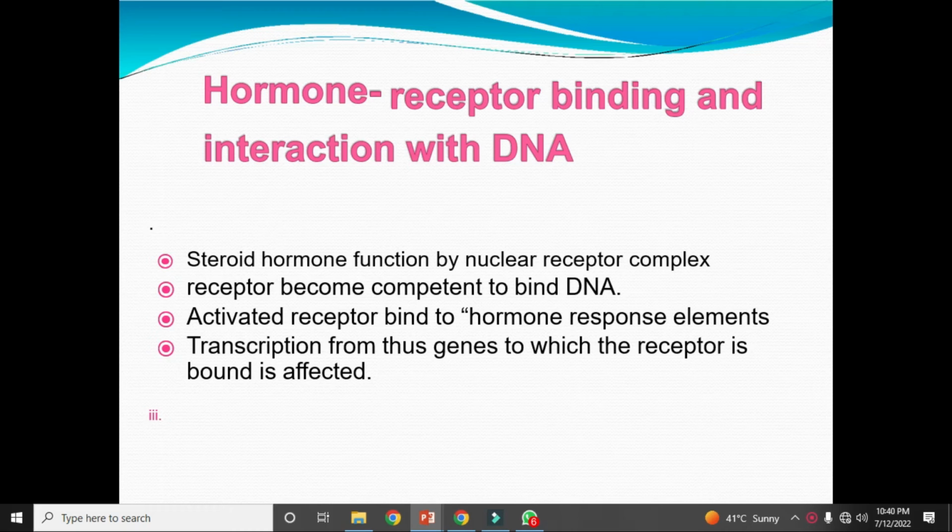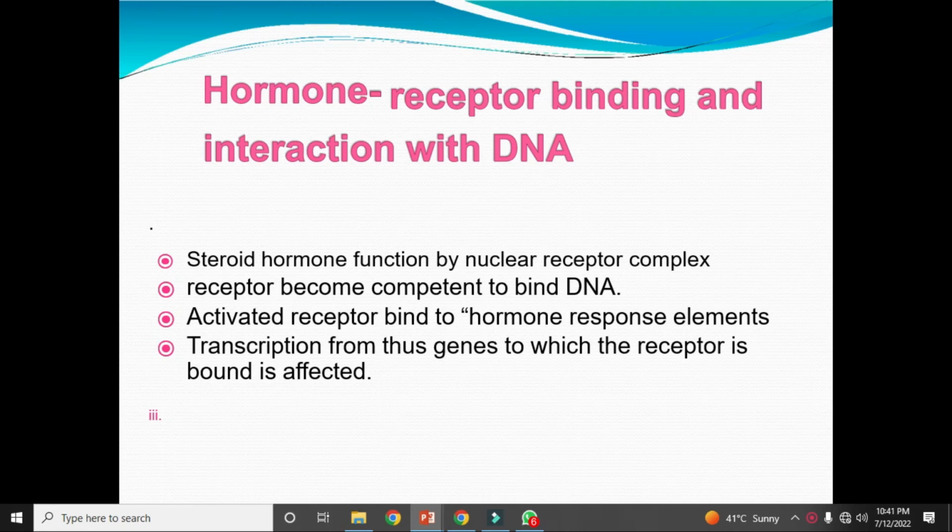Okay, the mechanism of action. We have the mechanism of action by selectively affecting transcription from a battery of genes, from a collection of genes. The concentrations of the respective proteins are altered, depending upon the selection made by the hormone receptor complex, which clearly can change the phenotype of the cell.